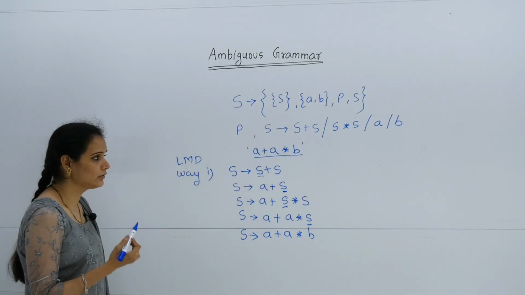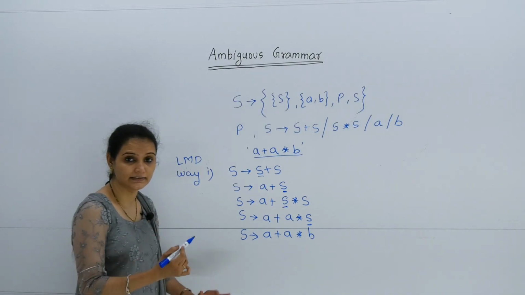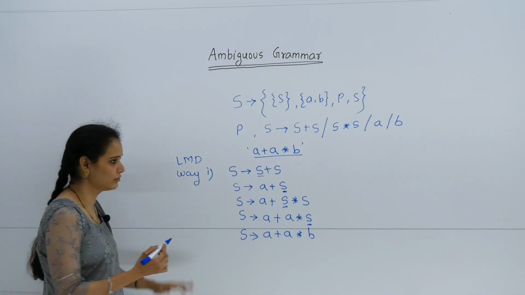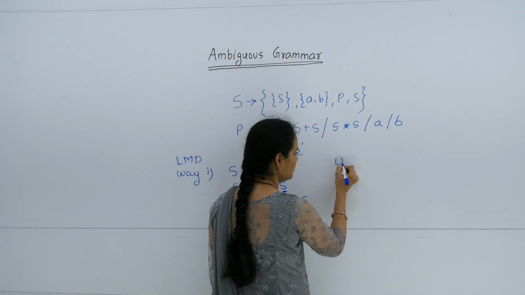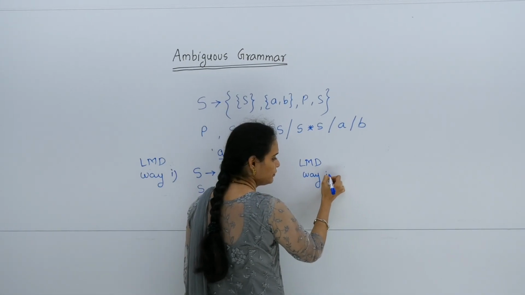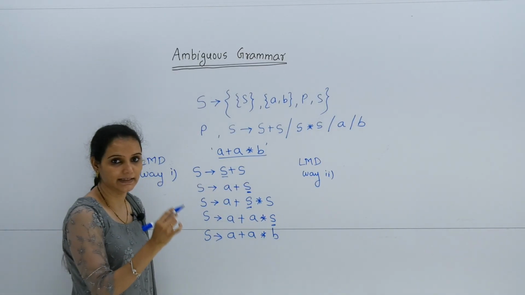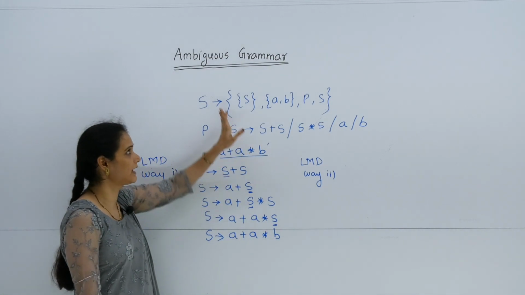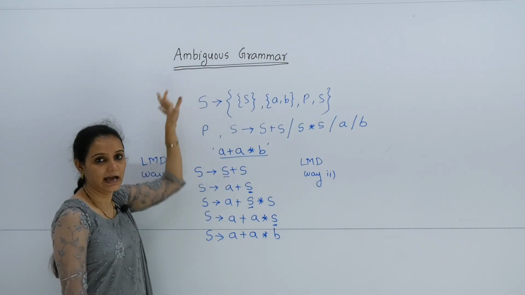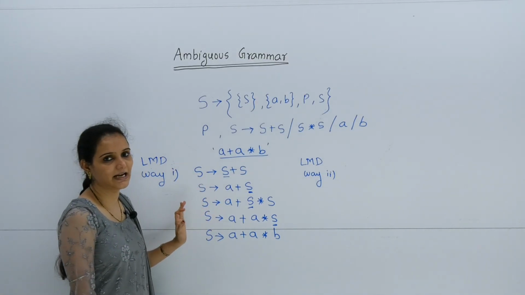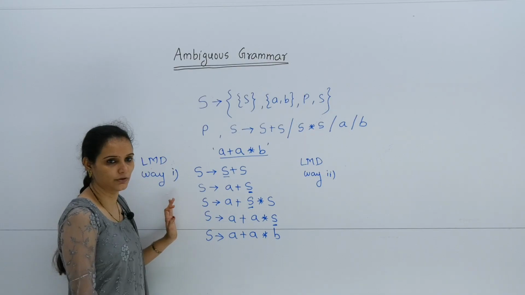Now I am going to find, is there any other way rather than this by using the same leftmost derivation. So see here students, by using the same leftmost derivation I am going to find the second way, and if I obtain the second way, then we can say that the given grammar is ambiguous grammar, and if there is only one way present, then that particular grammar is unambiguous grammar.